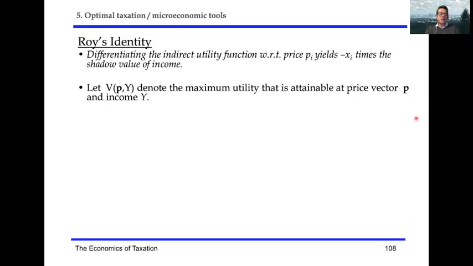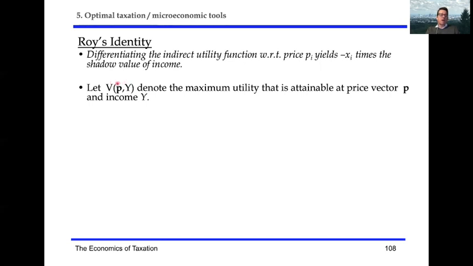So to understand the indirect utility, look at this function. V is the maximum attainable utility as a function of prices and income. The idea is not that the consumer is interested in the prices itself or in the income itself, but because of a budget constraint, lower prices will typically allow buying more goods, and that will typically yield higher utility.